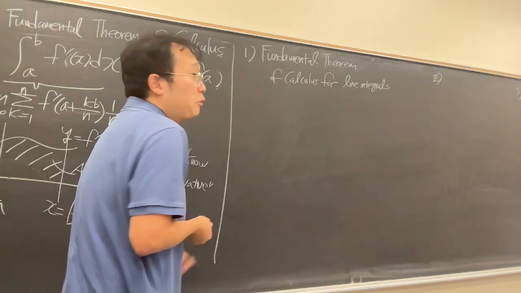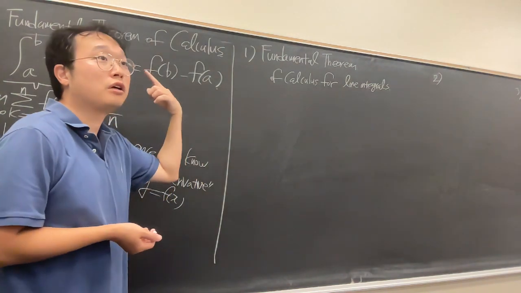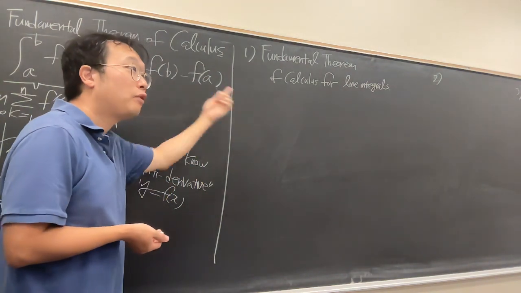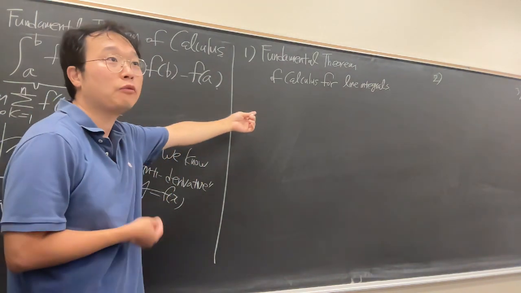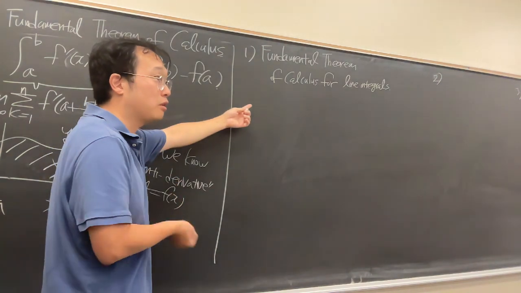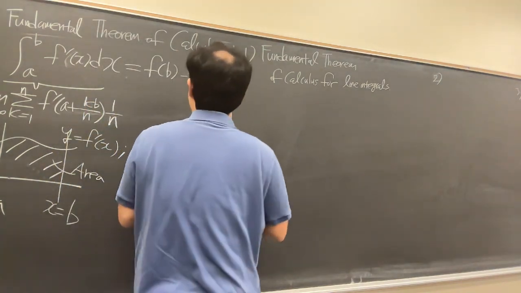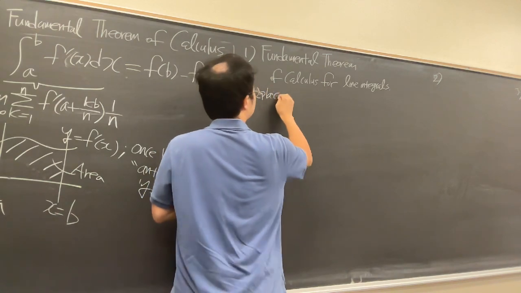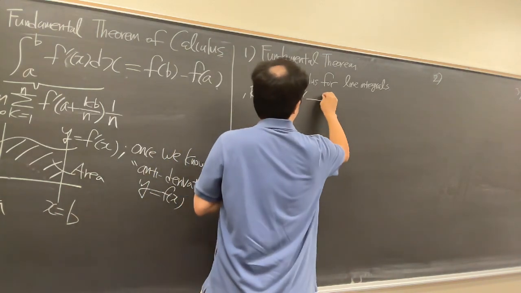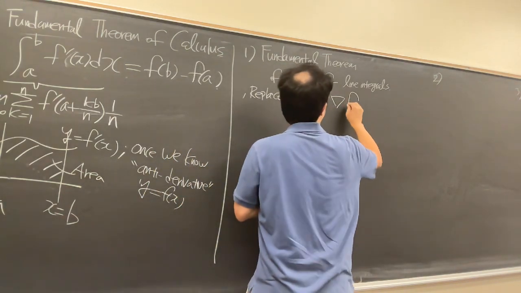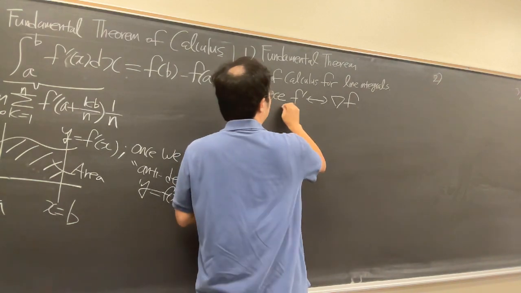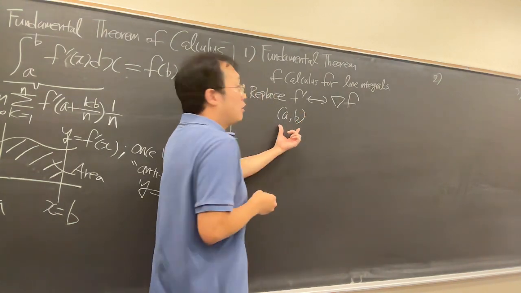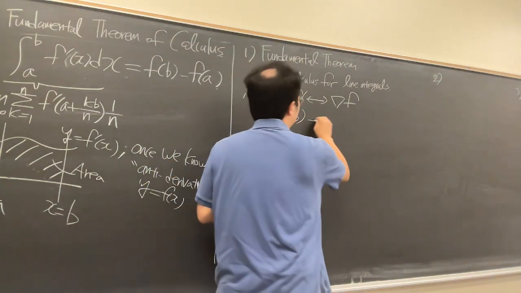You do not need to memorize the statement, but I want you to see the analog, how we come up with such a statement, and we already saw the proof yesterday based on the chain rule. We just want to replace f prime by the gradient of f, and the interval of integration by the curve.